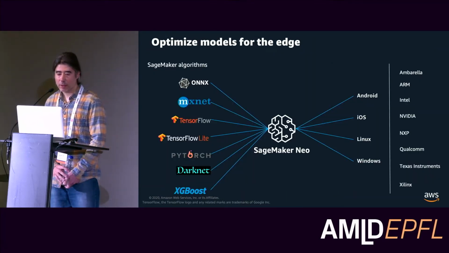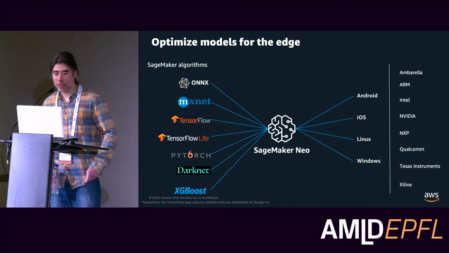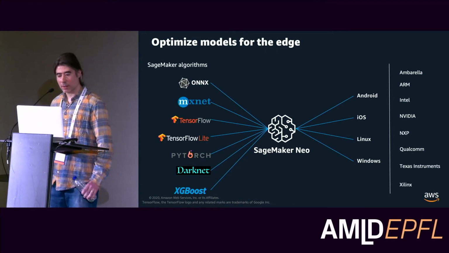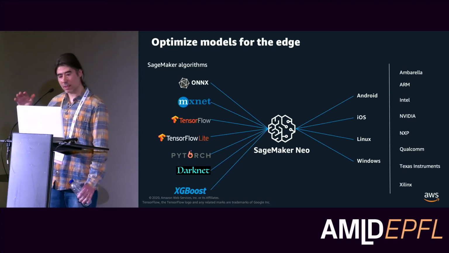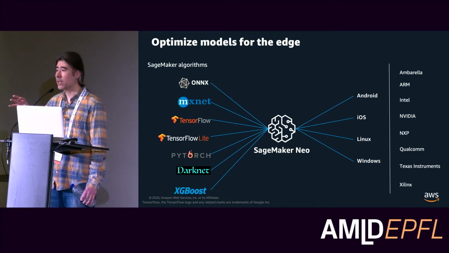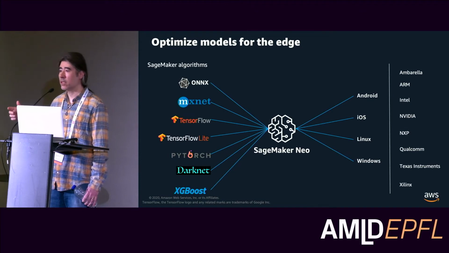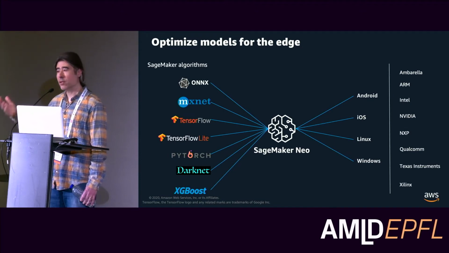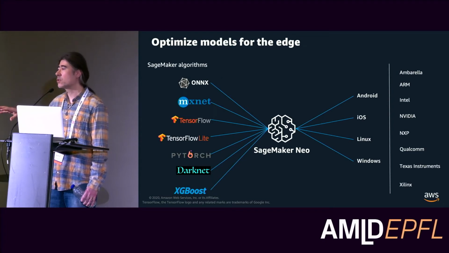So this is important, especially when you have a heterogeneous fleet of devices. This is a feature they use called SageMaker Neo, which is a feature of SageMaker, but it is based on an open source tool called TVM, Apache TVM. It's an extension of TVM because it also integrates with specific toolkits.